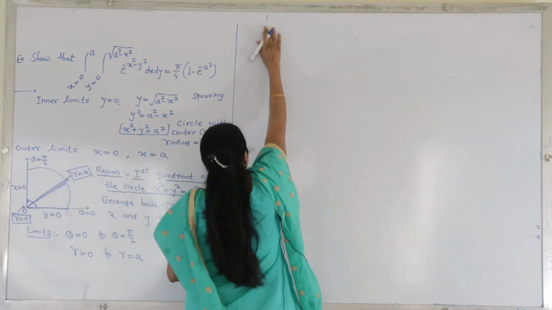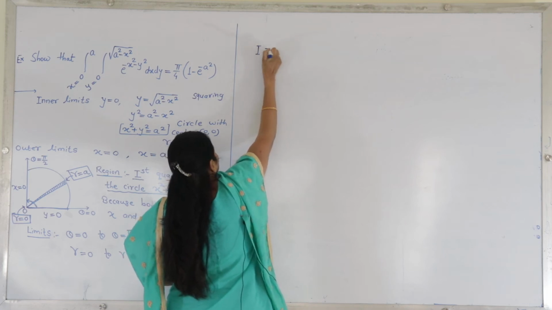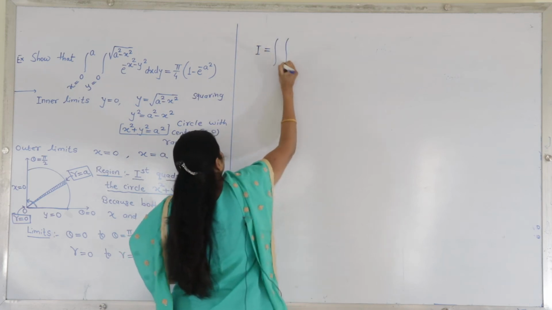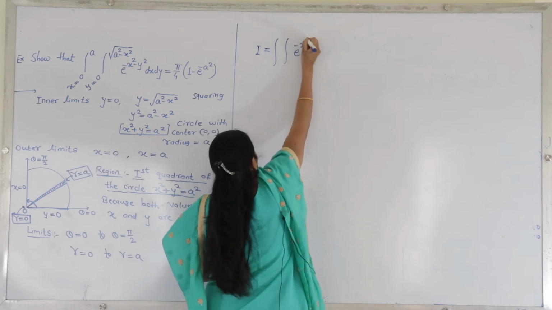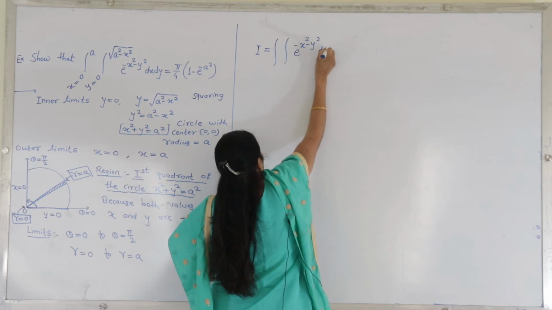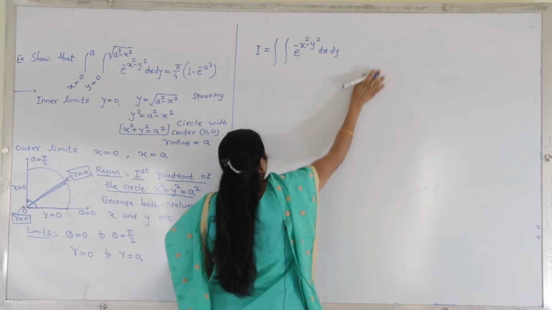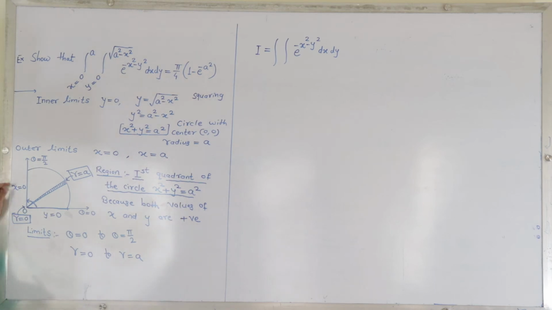Now the integration is a double integration, e raised to minus x square minus y square dx dy. Now the question is, why can we use polar form?